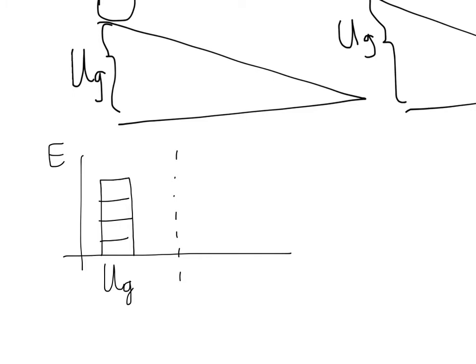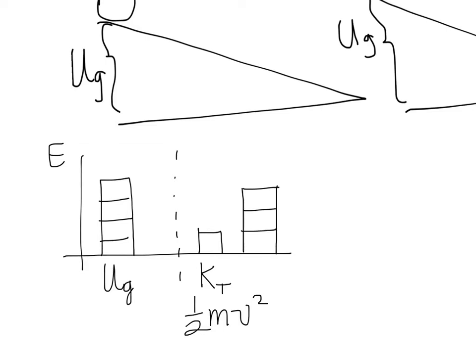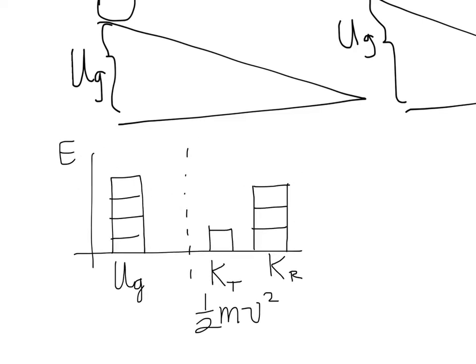And then at the end, when our hoop made it to the bottom down here, it had some linear motion. We call that translational kinetic energy. That's your regular old 1/2 mv squared. And then it had rotational kinetic energy.